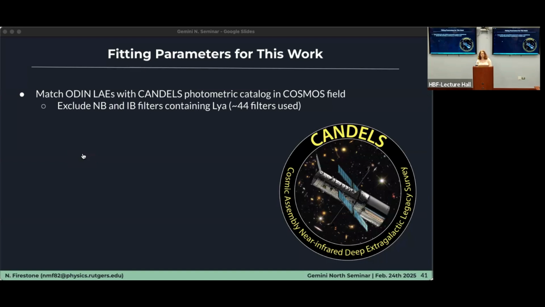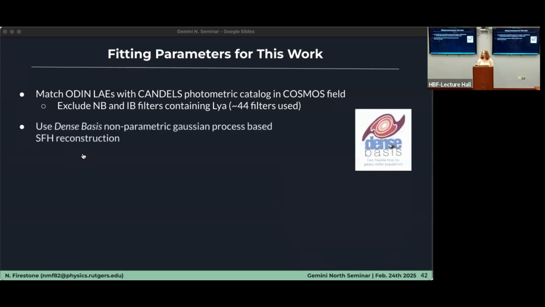And with that, we're still left with over 40 different filters. We then use the dense basis, non-parametric Gaussian processes-based star formation history reconstruction code.